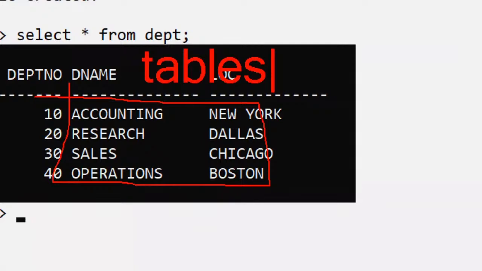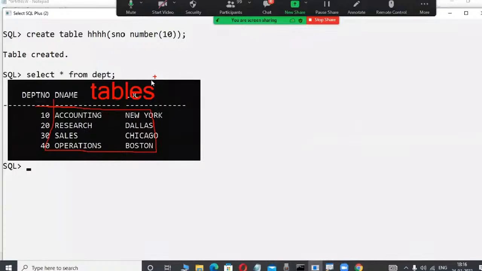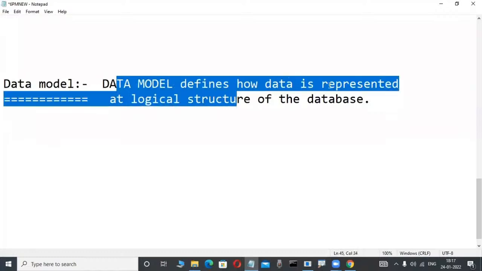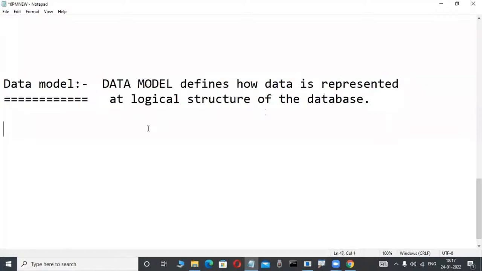Hierarchical data model, network data model, and some other data models were there. IMS software and IDMS software were there in those days. But nowadays, data model defines how data is represented at a logical structure of the database.